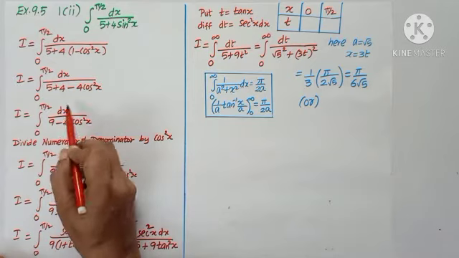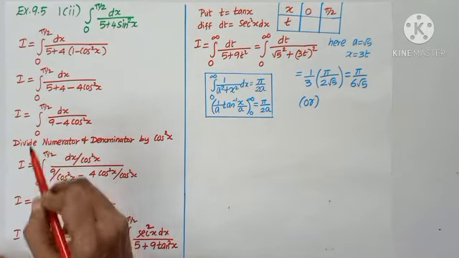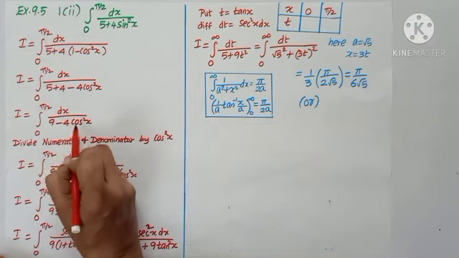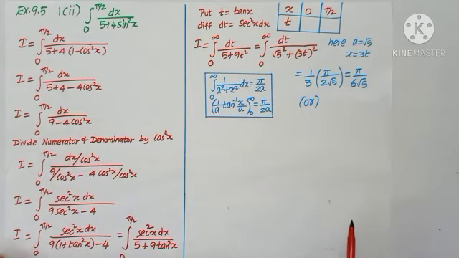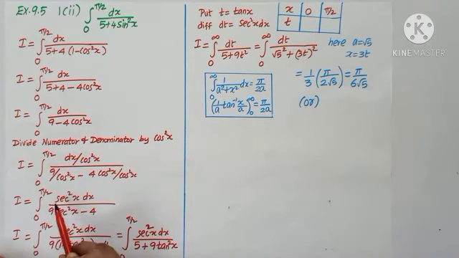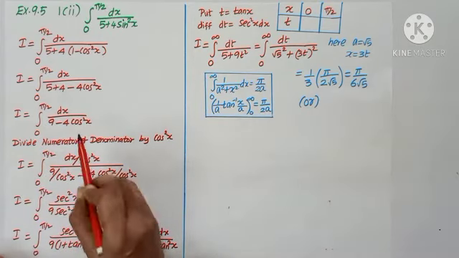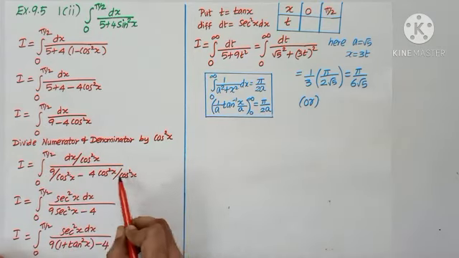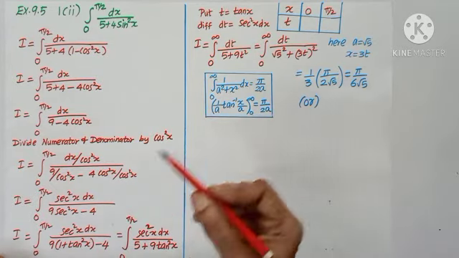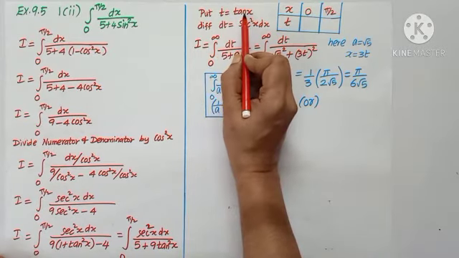Now it becomes the same pattern as the previous problem. Divide every term in the integral by cos square x. As I divide, dx by cos square x becomes secant square x dx. 9 by cos square becomes 9 secant square. 4 cos square by cos square cancels. I am getting 4. As before, put t equals tan x.